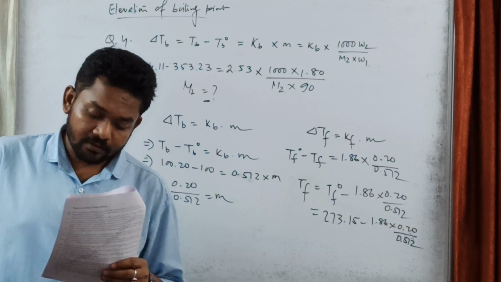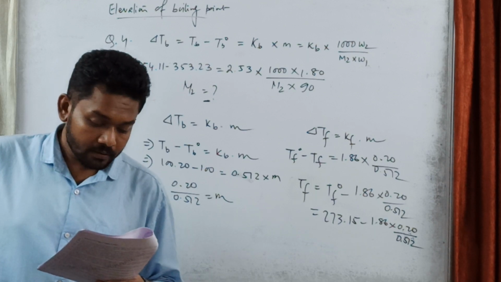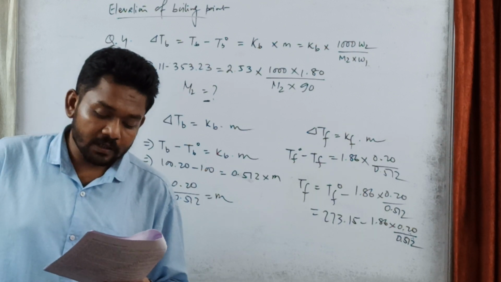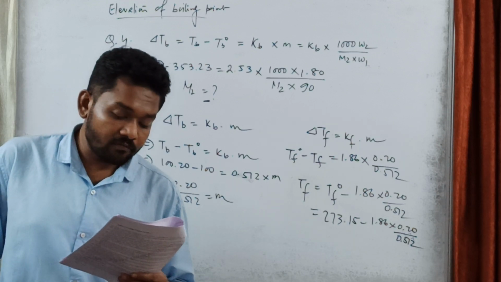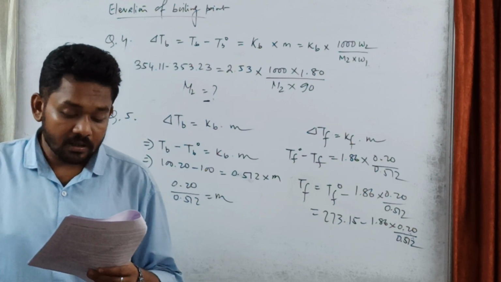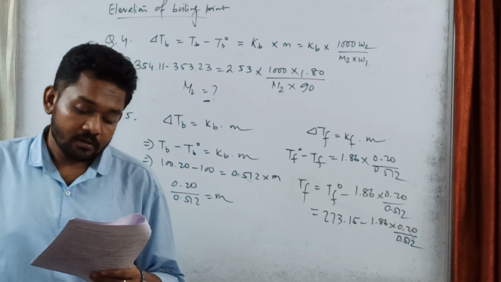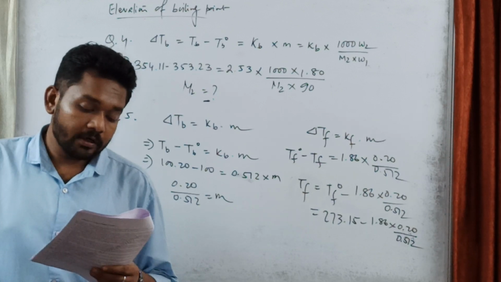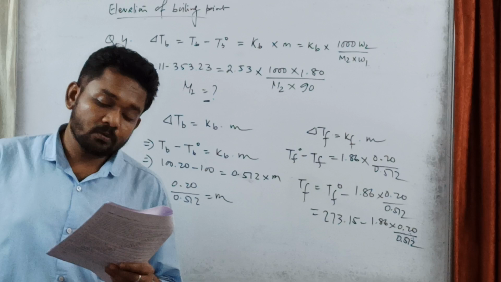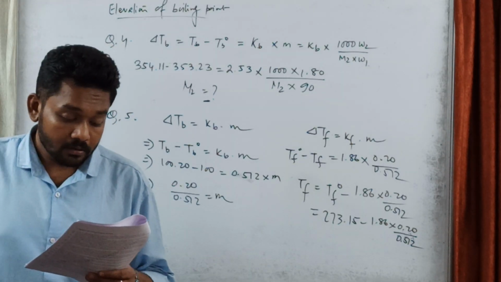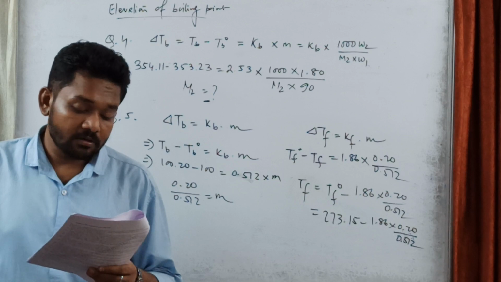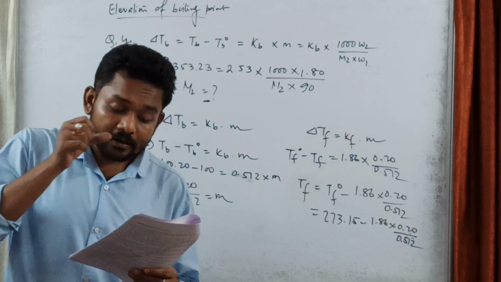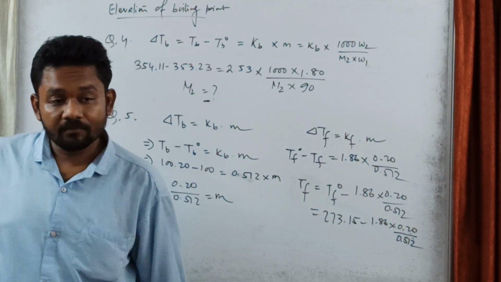Question number 2, draw a graph, it is already done. Question number 3: depression of freezing point of water observed for the same amount of acetic acid, trichloroacetic acid and trifluoroacetic acid increases in the order given above.